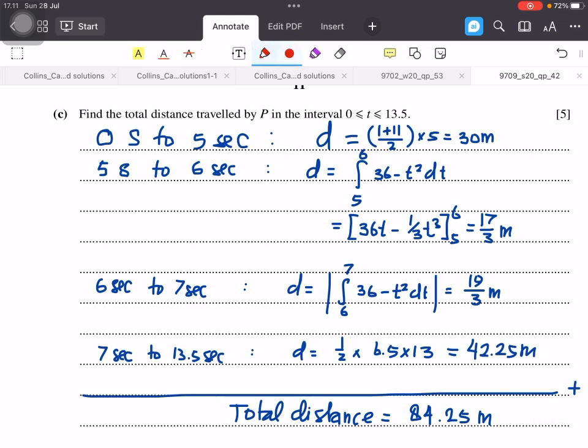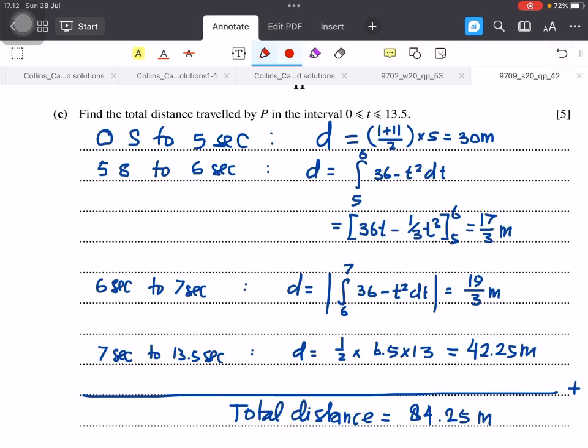So from 0 to 5 seconds, the distance is the area of the trapezium, which is 30 meter. And then from 5 to 6 seconds, we can find the area using integration. So it's the integral of 36 minus t squared dt from 5 to 6 seconds. The answer is 17/3 meters.